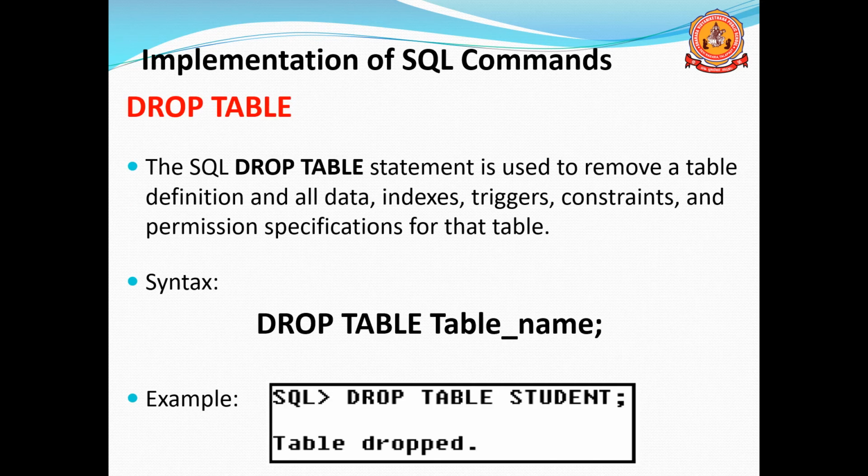Next command here is drop table. The SQL drop table statement is used to remove the table definition and all the data, index, trigger, constraints and permission specifications for that table. Once you create a table using the create table command that I explained in the previous session, that entire table can be dropped, meaning it's possible to remove it, not delete.